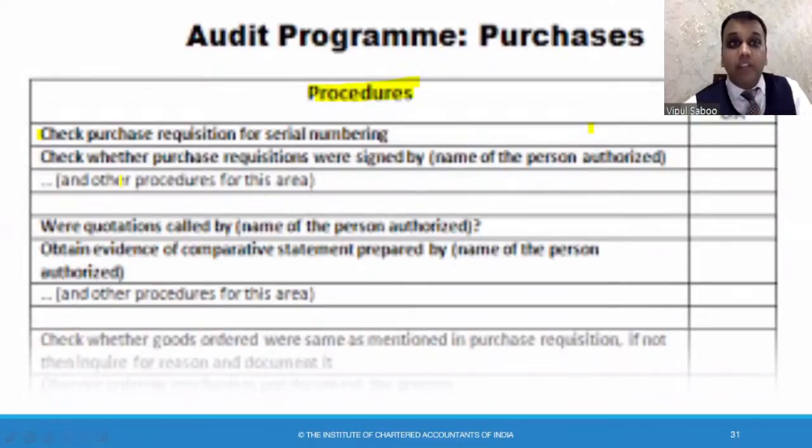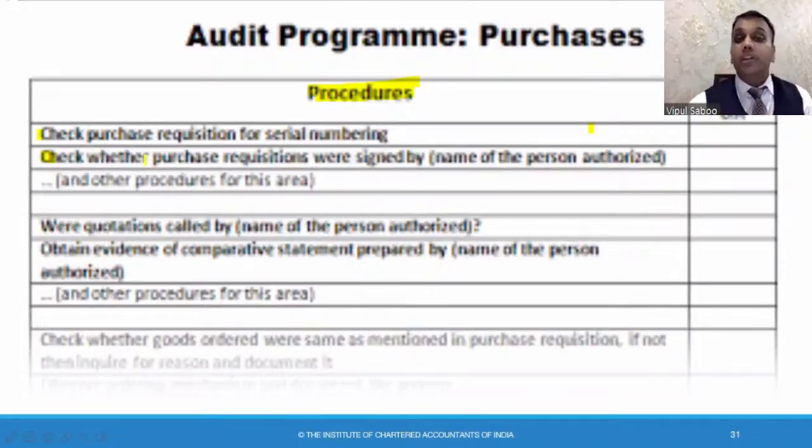Check whether requisitions were signed by an authorized person. Who is the person authorized to sign the purchase requisition? Whether the chef, the manager of the restaurant, who is the authorized person, and whether they have been properly signed and only by the authorized person. Right?